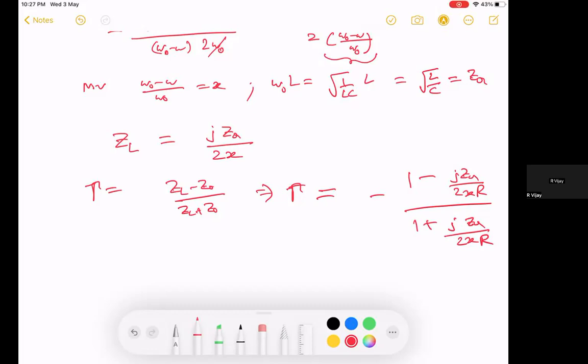So now you see, if you look at this expression here, x is a dimensionless number and Z of R, which is the characteristic impedance of the resonator, is divided by R, which is the port impedance, right? In this case, 50 ohms. So now you see that the role of the port impedance comes in connection with the characteristic impedance of this resonator.